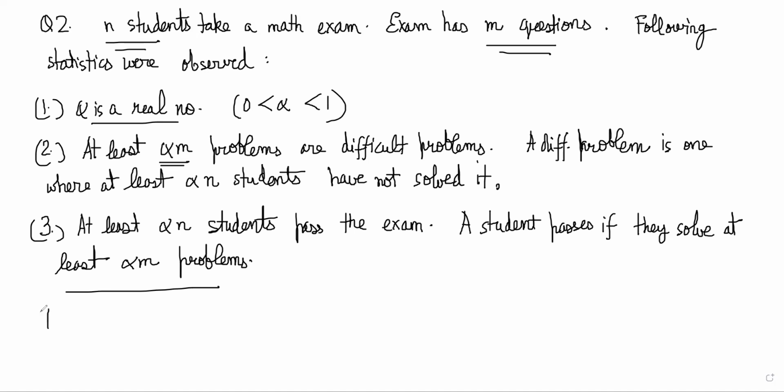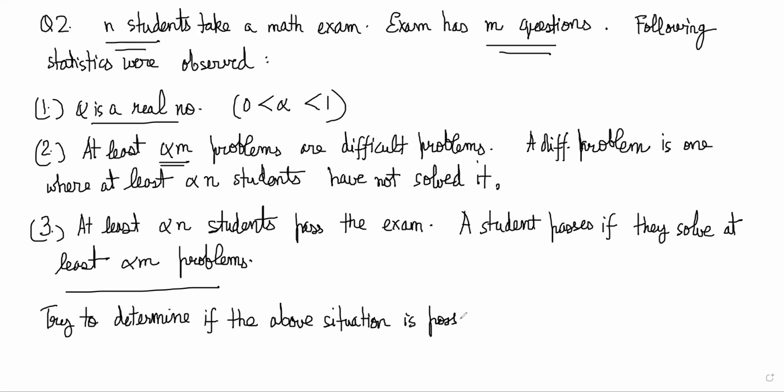The question is asking us to determine if the above situation is possible for alpha is equal to 2 by 3, alpha is equal to 3 by 4 in these two cases.